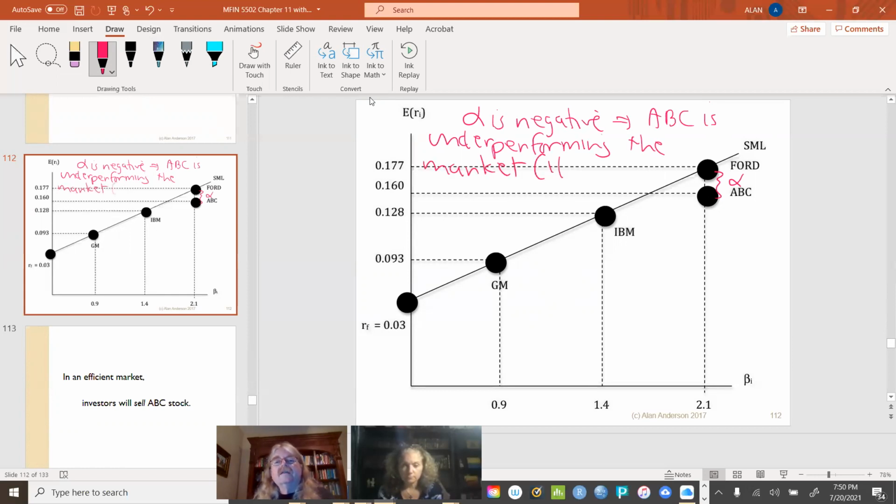Which means that it is overpriced. Now, how do you think investors will react to that?